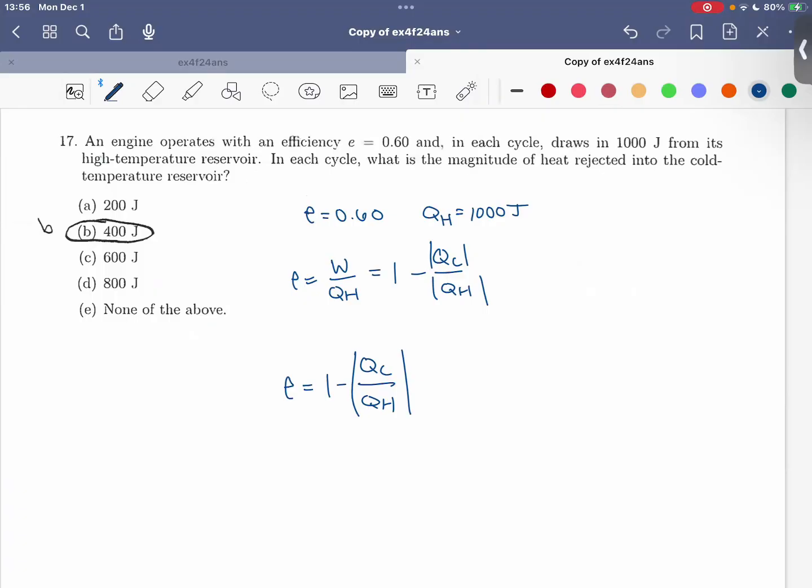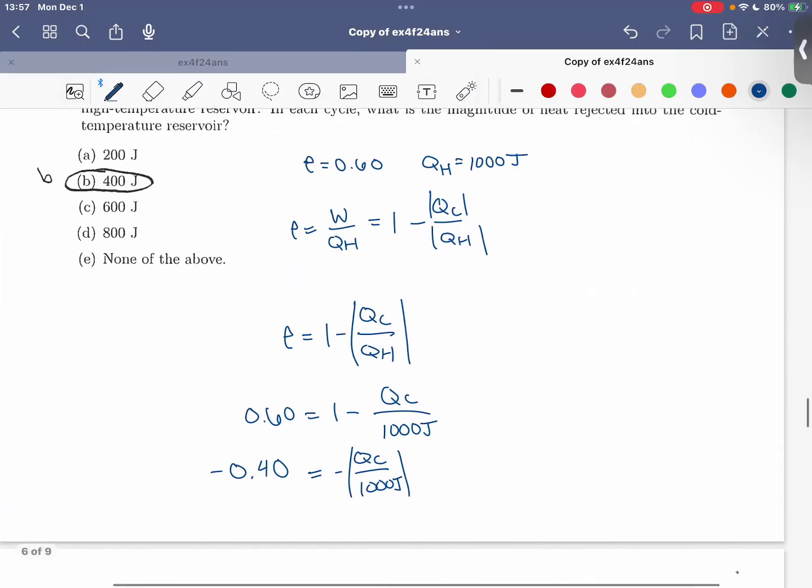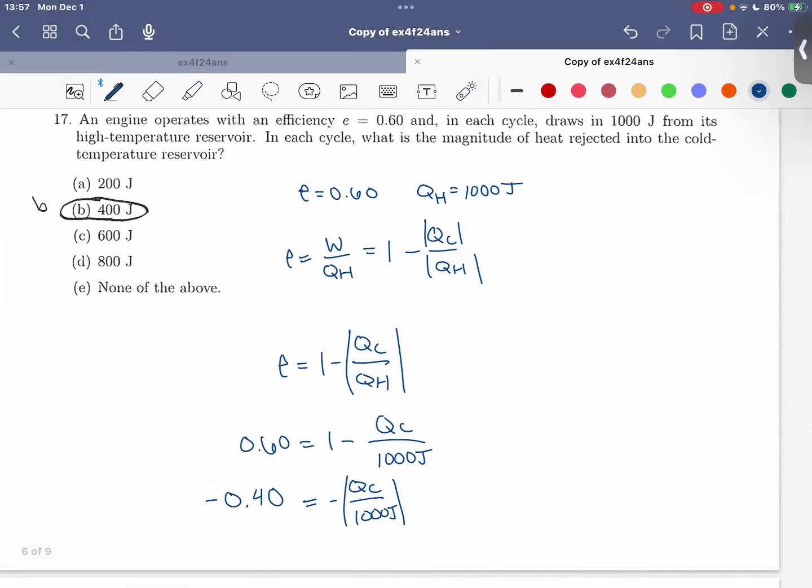Okay, and now we have 0.60 is equal to 1 minus QC over 1,000 joules, which is 0.40 when you move the 1 over, negative QC over 1,000. Okay, and when you move the negative over and the 1,000, you get 400 joules. It's equal to QC. And that's your answer.